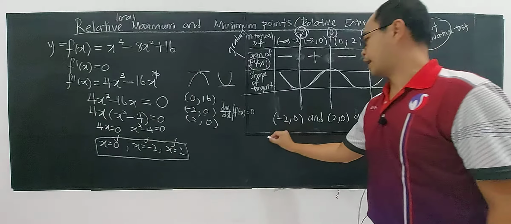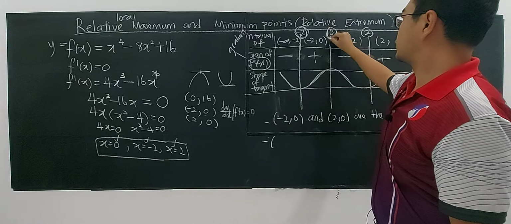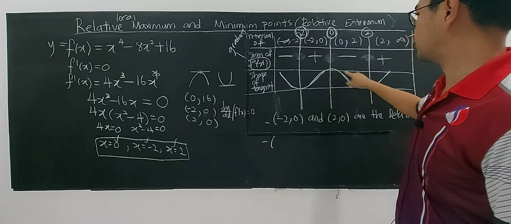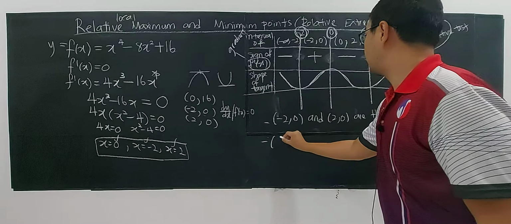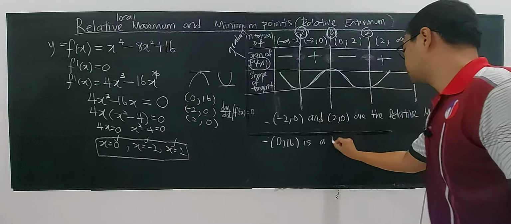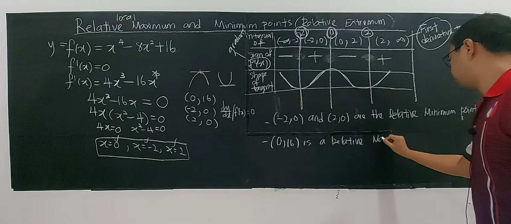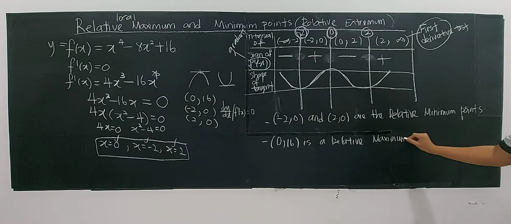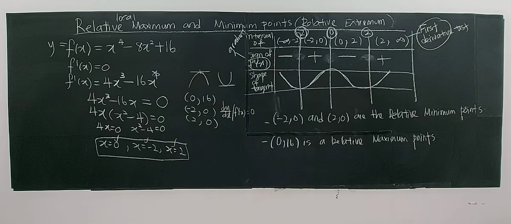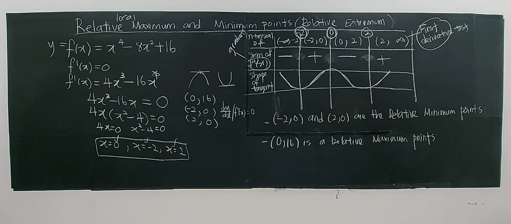At 0, if you test before 0 and after 0, it is negative, positive. So you look at the graph here. 0, 16 is a relative maximum point, right? Relative maximum point.